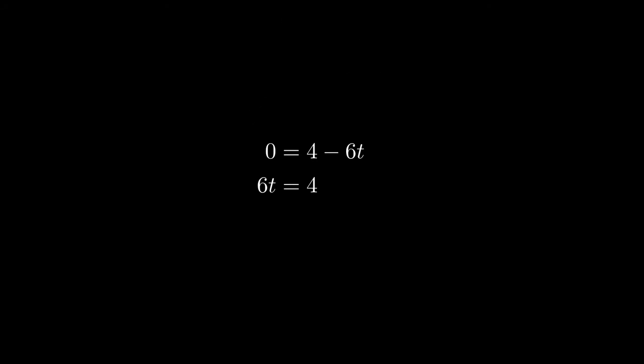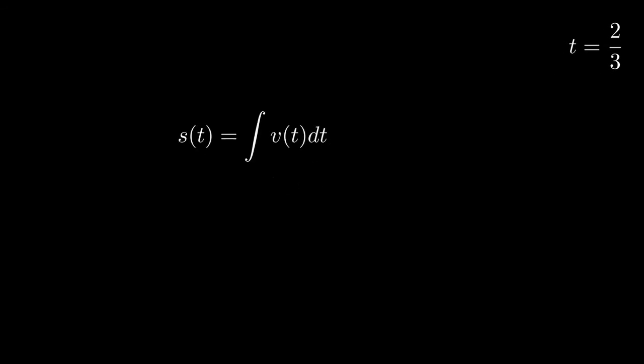Easy stuff here. Divide by 6. Simplify that to 2/3. So when t is 2/3, the velocity is maximum. All right, put that there for future use.